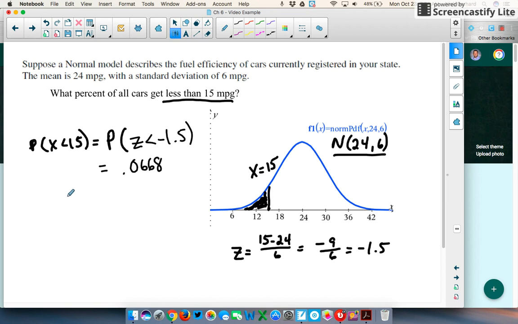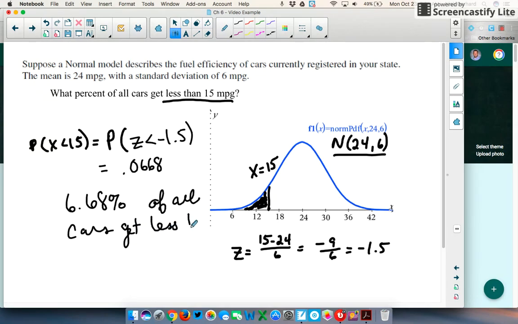And that means 6.68% of all cars get less than 15 miles per gallon.